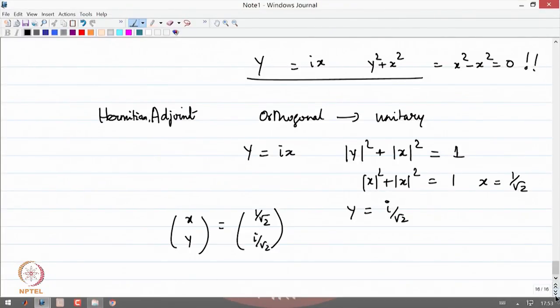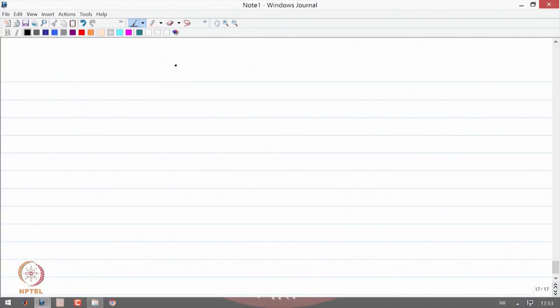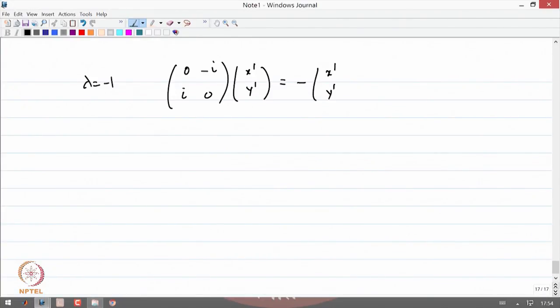The second eigenvector is obtained by solving with the eigenvalue lambda equal to minus 1. So you have the matrix times (x prime, y prime) equal to minus (x prime, y prime). So you have minus I y prime is equal to minus x prime, or I y prime is equal to x prime.